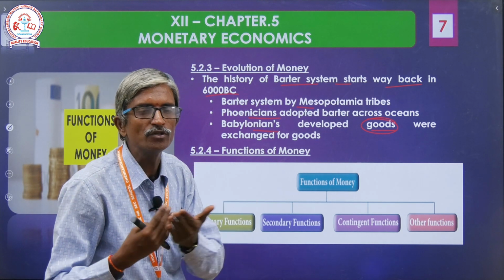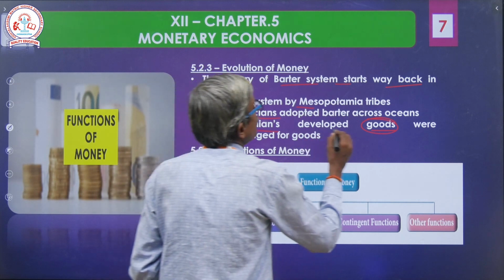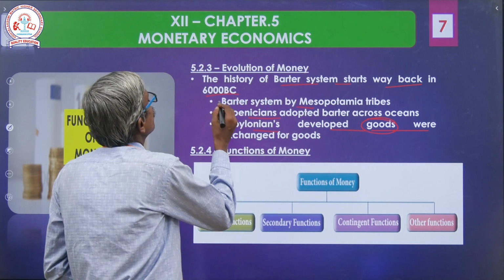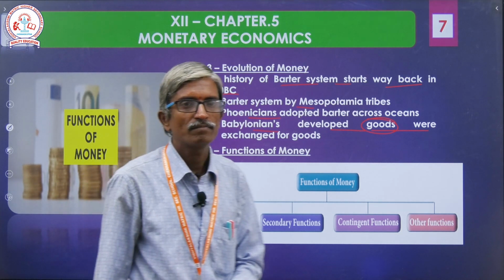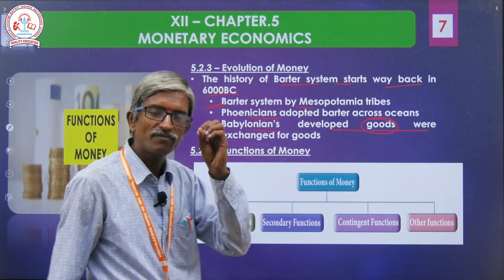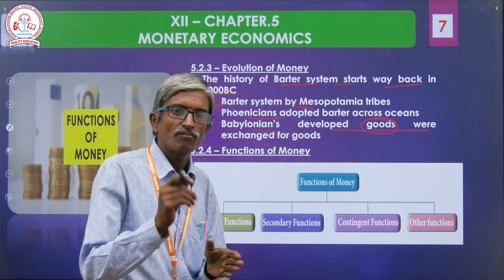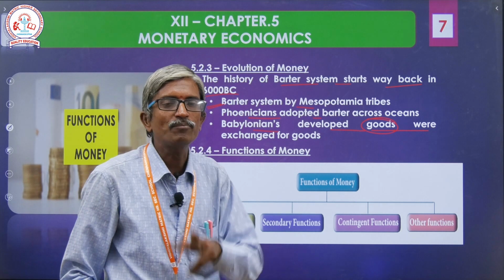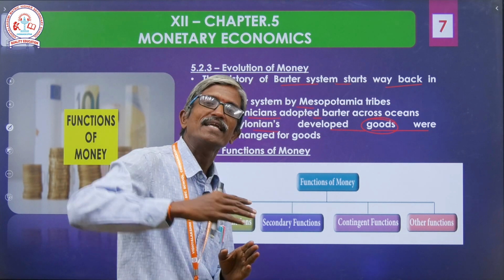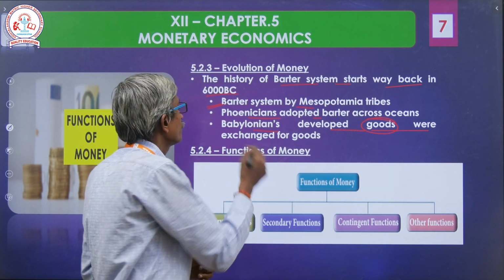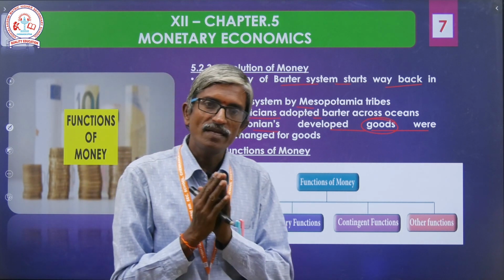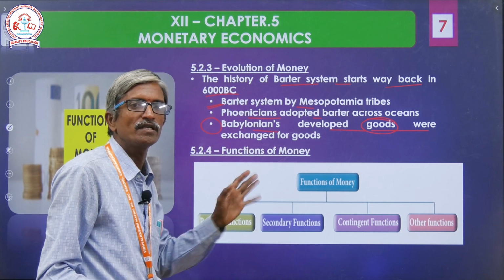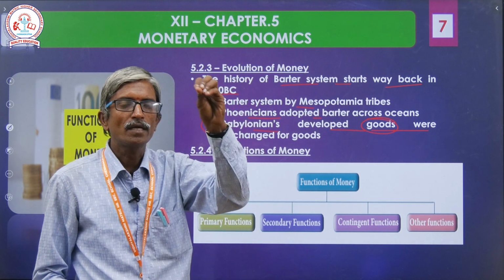So they started mutually exchanging goods. Babylonians developed it so that goods were exchanged for goods. The Mesopotamians first introduced it, the Phoenicians further extended their trade activity, and the Babylonians started exchanging goods. The credit goes to these 3 people.